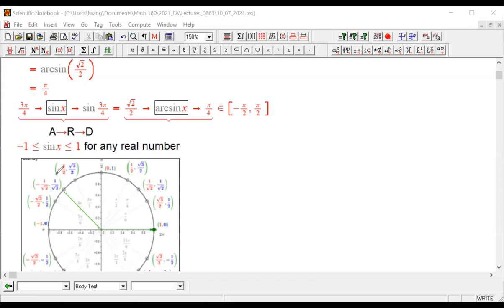So where do we see ratio √2/2? We have one here, and we have one over there, right? So they each have a terminal. There's a terminal here. But which angle should be the one we should have?